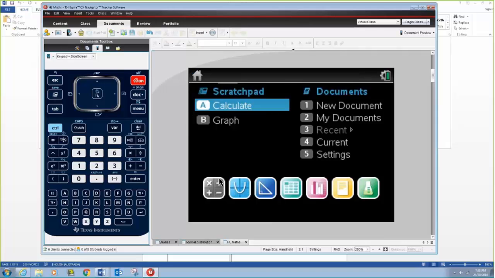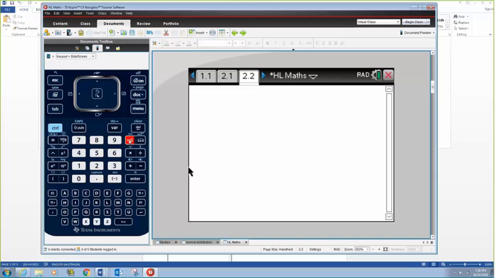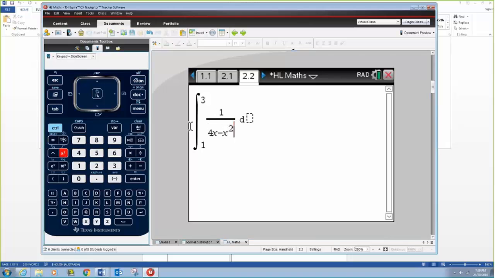Of course we need the definite integral, and we put the limits 1 to 3. Then we use the fraction template, tab, fraction symbol, and enter our function without the constant at this stage, because we don't know what it is: 4x minus x squared, and tab to get the x, then enter.